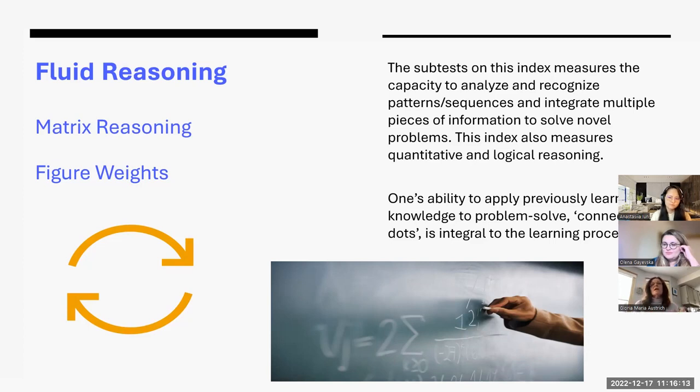The subtests on this index measure one's ability to analyze and recognize patterns and sequences and integrate multiple pieces of information simultaneously in order to do an effective analysis and then have a response based on that.